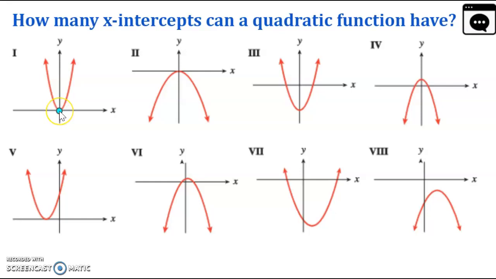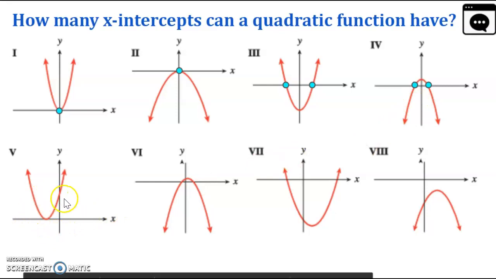So it has just one point here. What about here? I see 2 points, one here and another one here, the graph crossing the x-axis. Similarly, 1, 2, regardless of whether it's opening up or opening down.